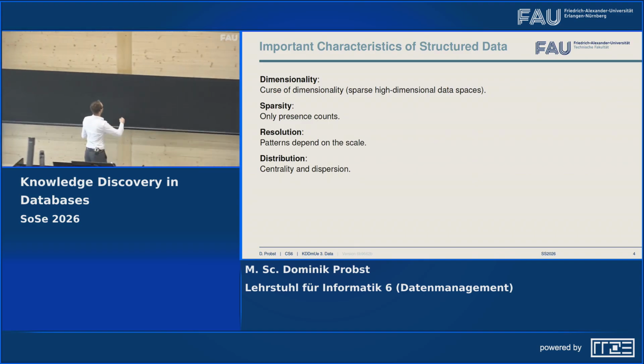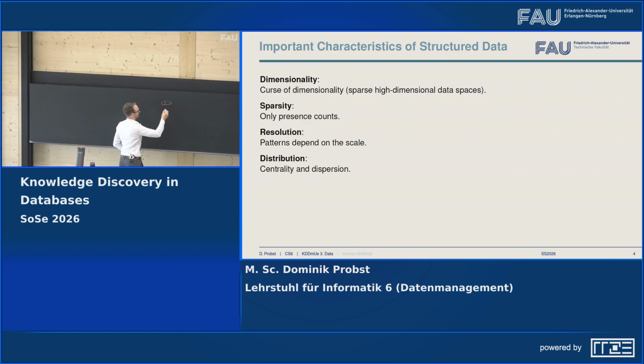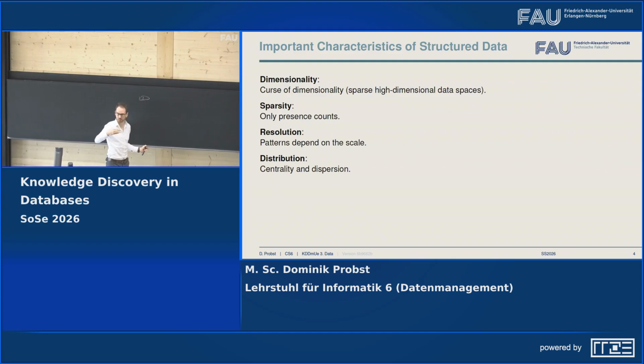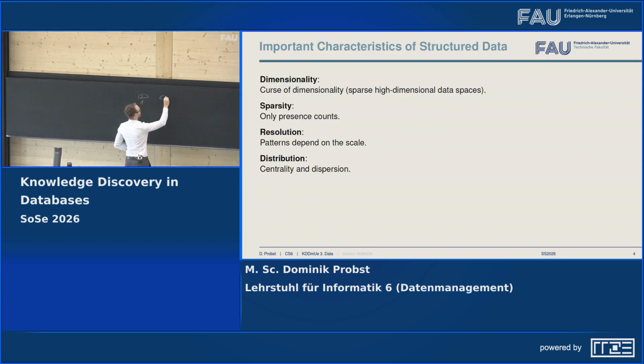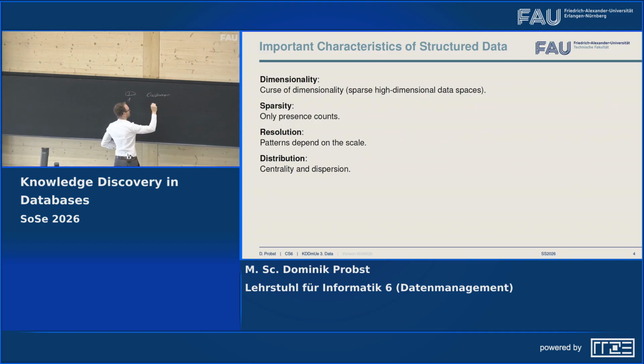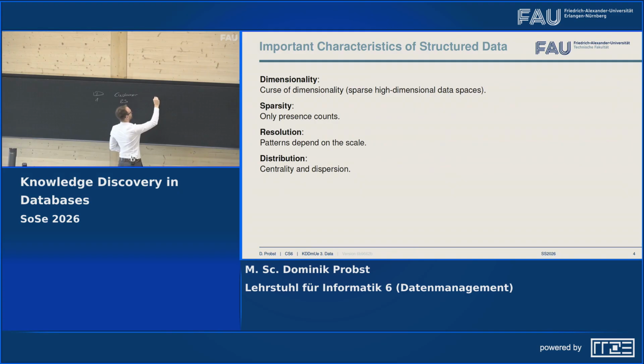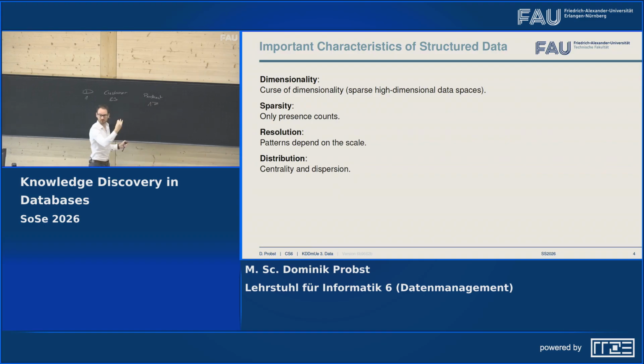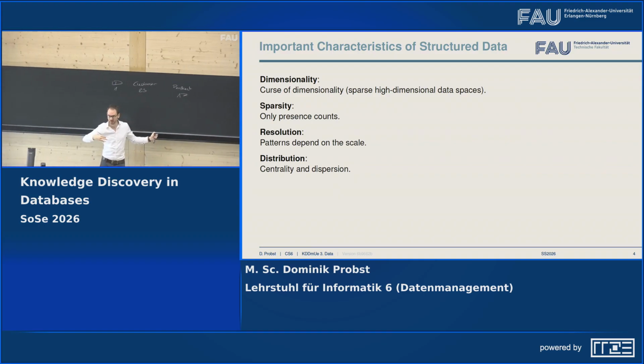Let's say we have a column with an ID, because we want to save every transaction, and the customer who buys this also has an ID. Then we would have a column for product, where we probably also have an ID leading to that product.